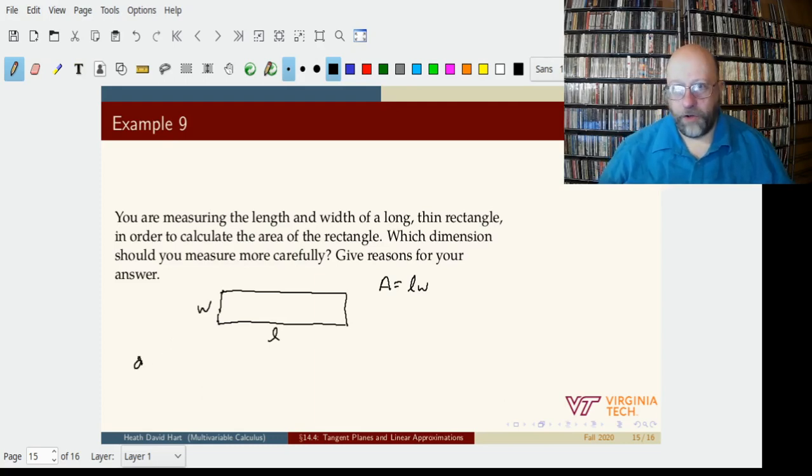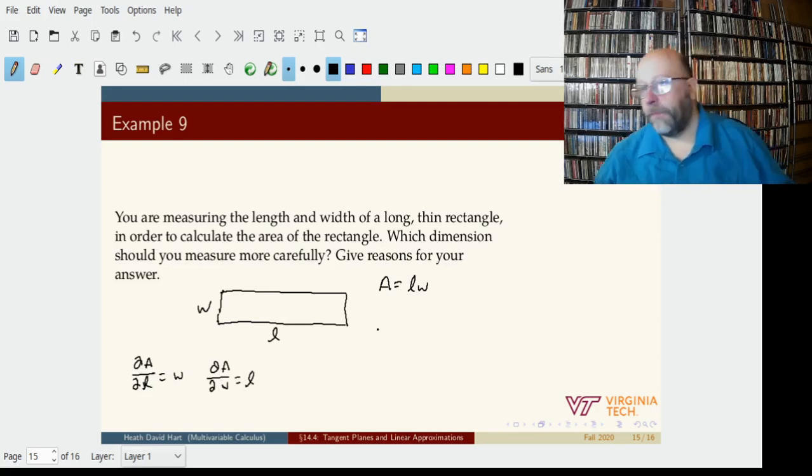Well, the change in area with respect to length is W, and the change in area with respect to width this time is equal to L. Each of these is just the coefficient of the other one.